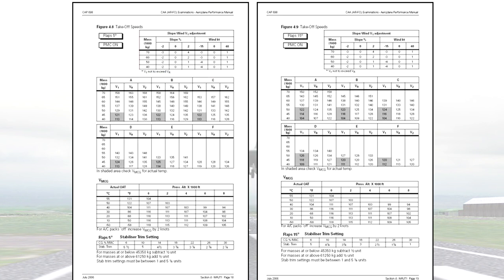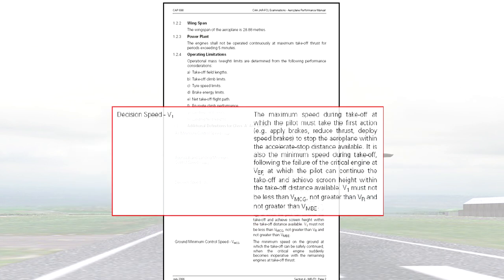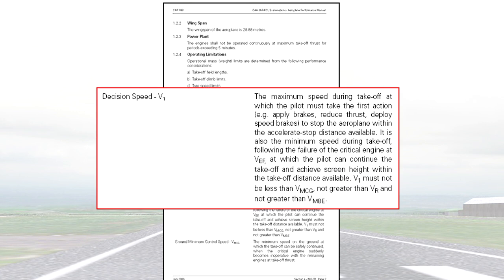Having finished discussing the main factors affecting V1, there are other influences, however, which may or may not change the value of V1. Two influences on V1 in particular are the speeds VMCG and VMBE. In Cap 698, on page 2 of section 4, we see the definition of V1.